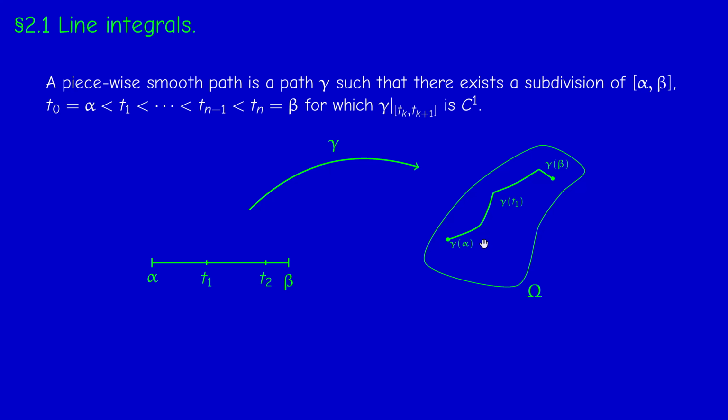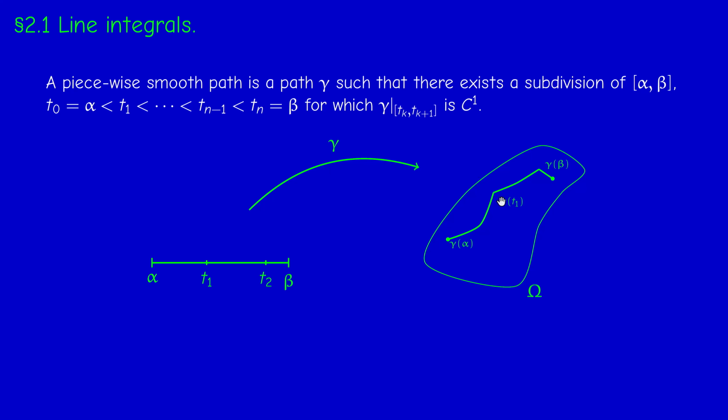So we can allow for the curve to have corners or even cusps. And most of the time, we shall assume that all the paths are piecewise smooth, or piecewise C1, if you like.